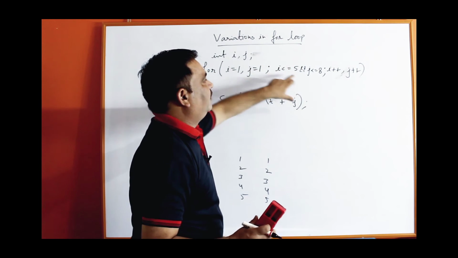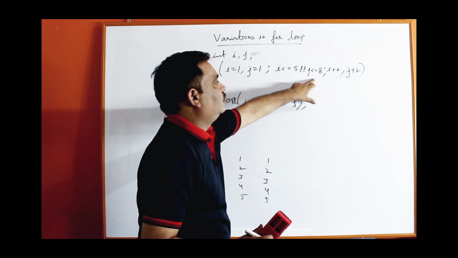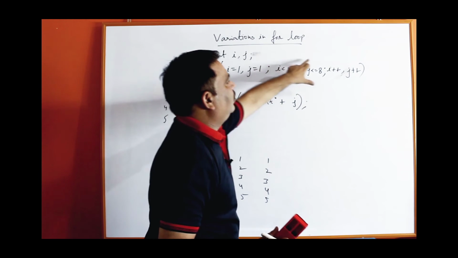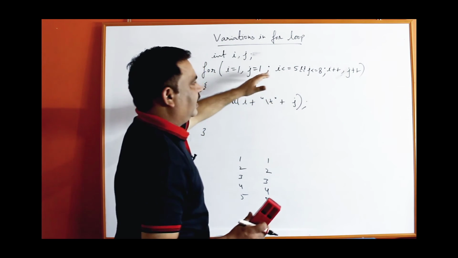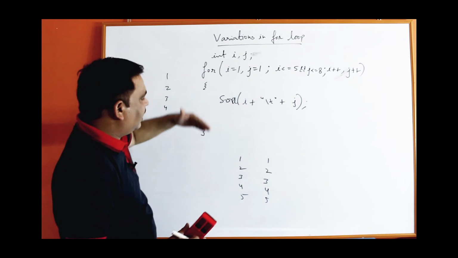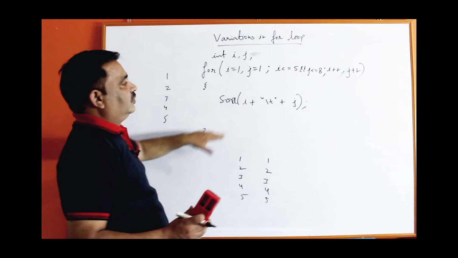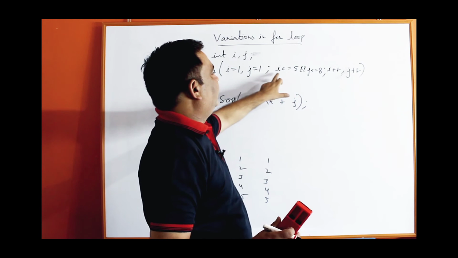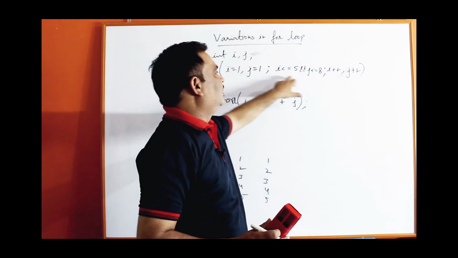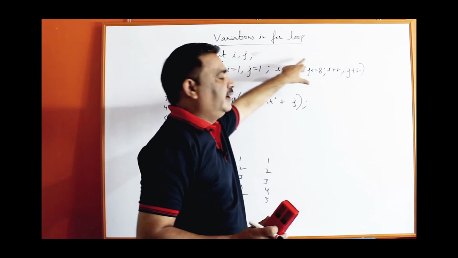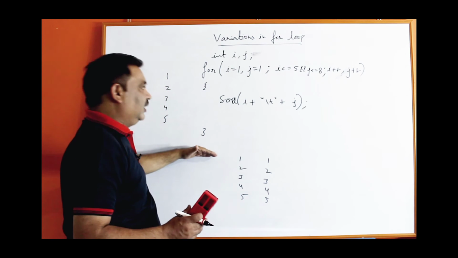This condition is false, but 6 is less than or equal to 8, this condition is true, but and is here, so the overall condition is false. So when i and j become 6, it will come out of the loop, because the and operator is used, and and means if any one condition is false, the loop will be terminated and brings the control out of the loop.